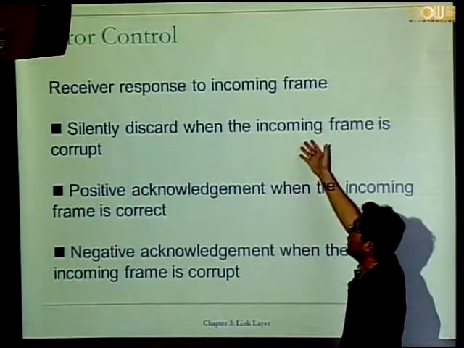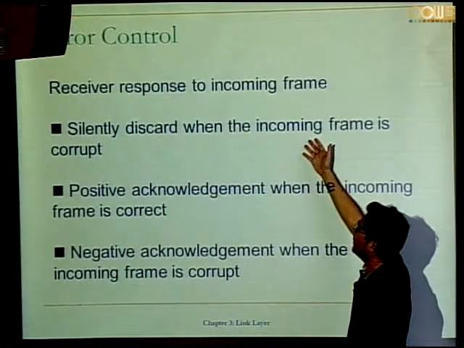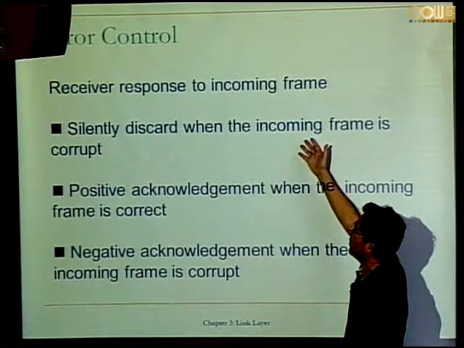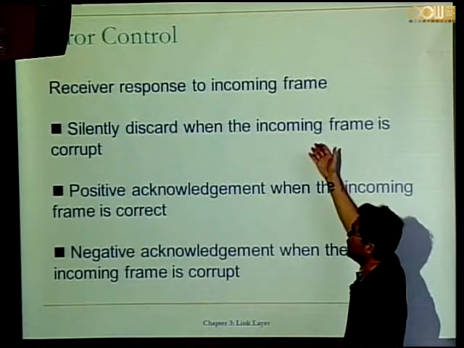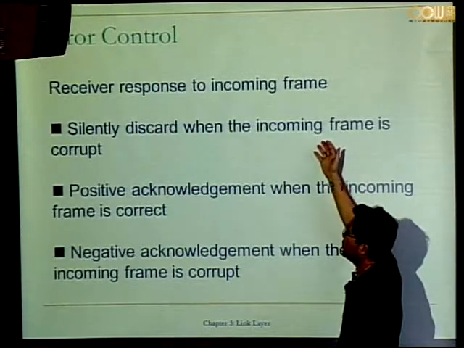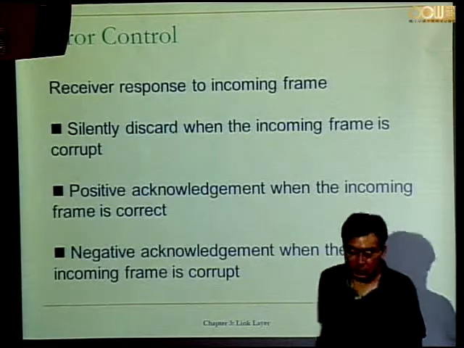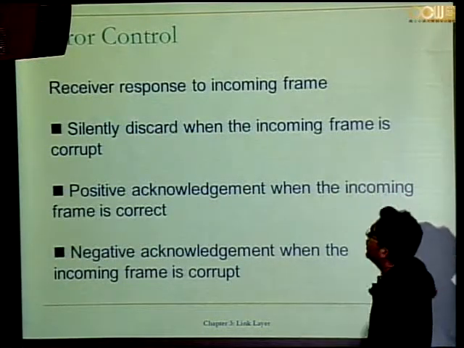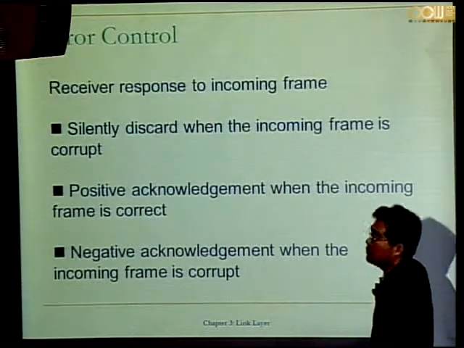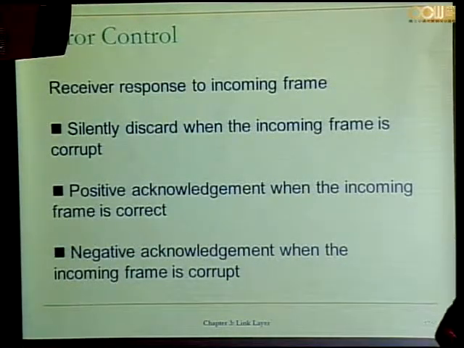So whether correct or incorrect, I just don't respond. If correct, I continue to process. If incorrect, I drop it without sending any frame to the sender. That's Ethernet. And PPP is the same. You will see that PPP does the same. It would discard.